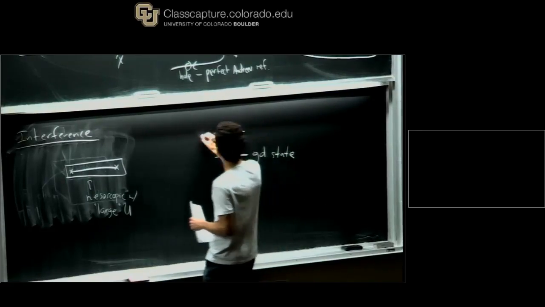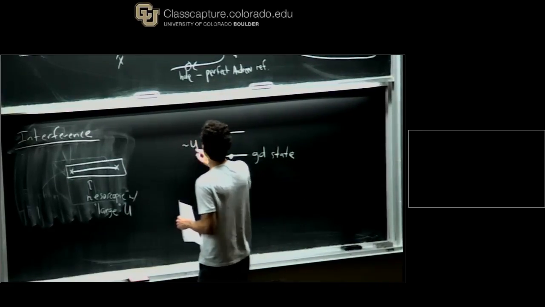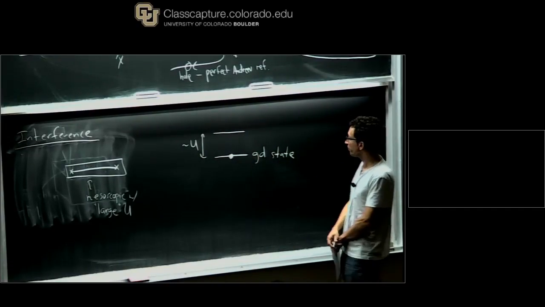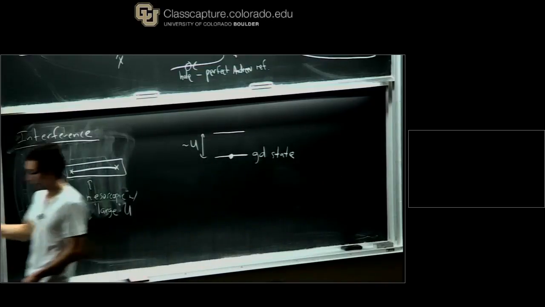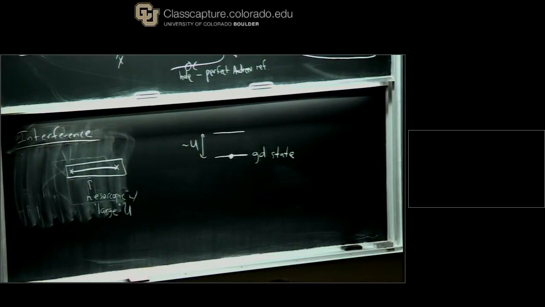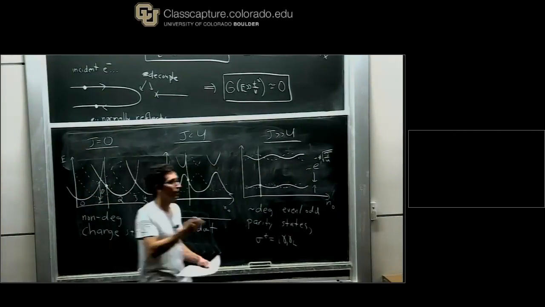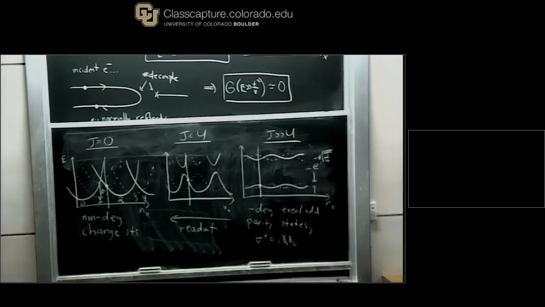And there's an energy cost of order U to populating an extra fermion on that system. Okay, so basically I'm just parking myself at some gate voltage like this, where in the ground state I have 1 electron, in the excited state I have 2 electrons, and to have that second electron in there costs me an energy U.